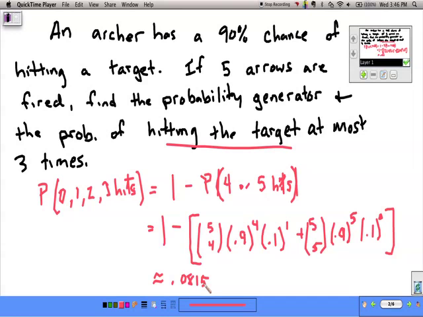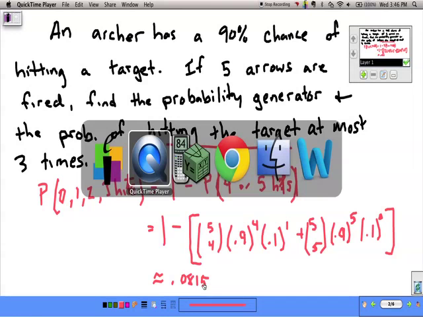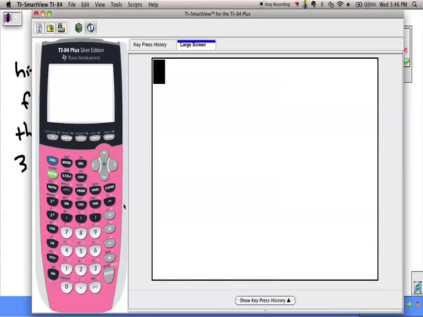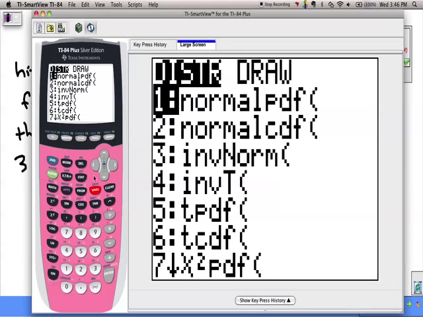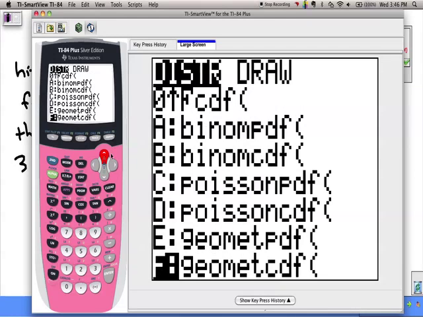Now, this is a calculation that we can use our calculator for. And there's 2 commands in the graphing calculator that we're going to be concerned with. And the place we're going to find these things is under the distribution menu. Hit second, and then the variables key. And if we flip down to the bottom of this list, you see binom PDF, CDF.